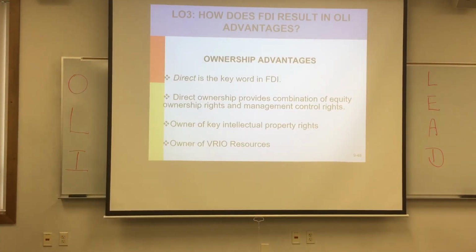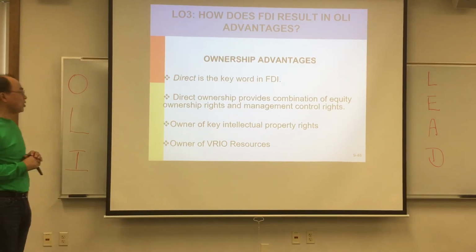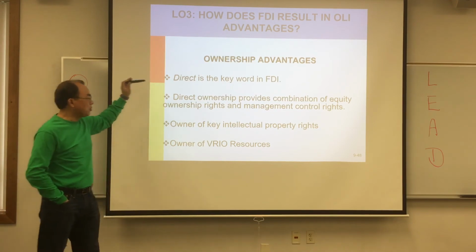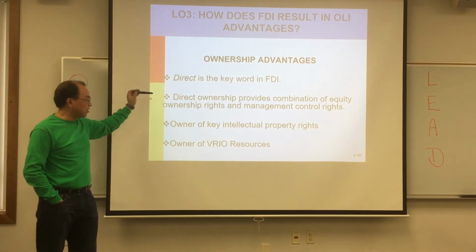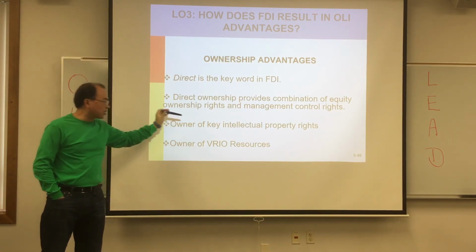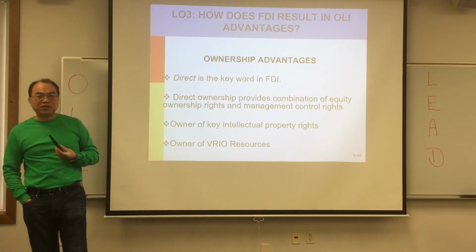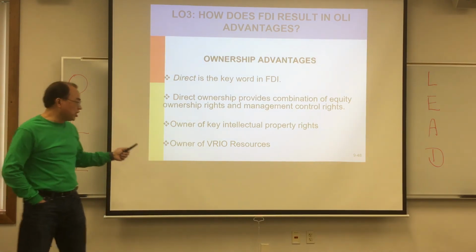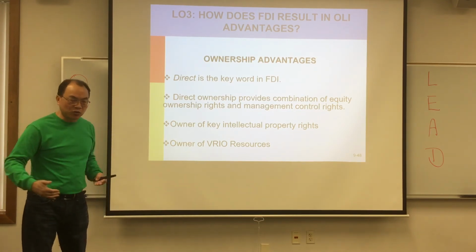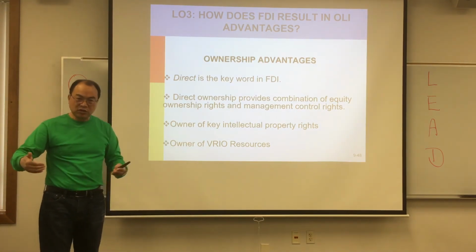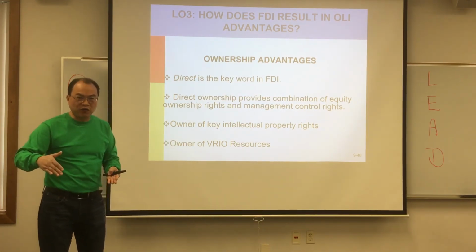Okay, more details here, as I just explained. So basically, the key for ownership is really direct. It means you must own it, okay? Direct ownership of everything. And you're the owner of the key intellectual property rights. But also, remember, we talk about the firm itself. You have your own unique VRIO. V means valuable resources. R means rare resources. I means inimitable, very hard for others to copy.